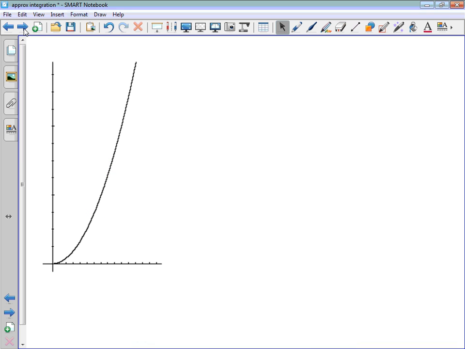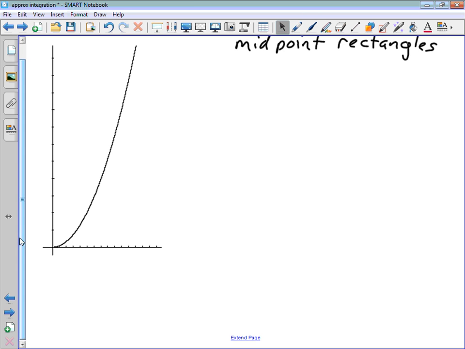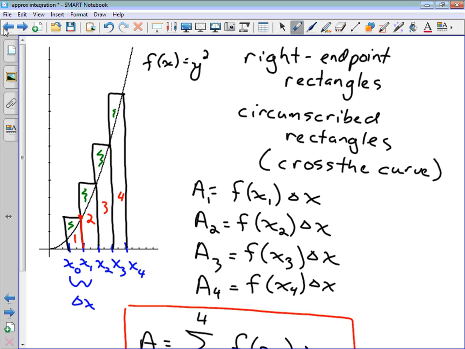In this case, rather than drawing, first one we had left endpoint rectangles, the second one we had right endpoint rectangles. This time we are going to draw what are called midpoint rectangles. So we still want to cover the same range underneath the curve as we were doing before.